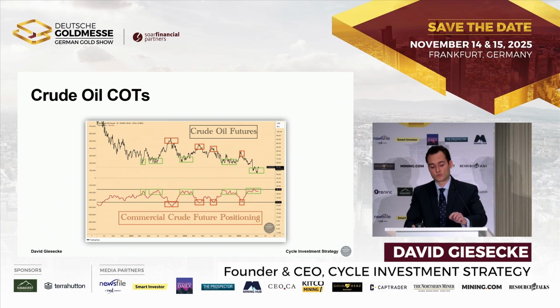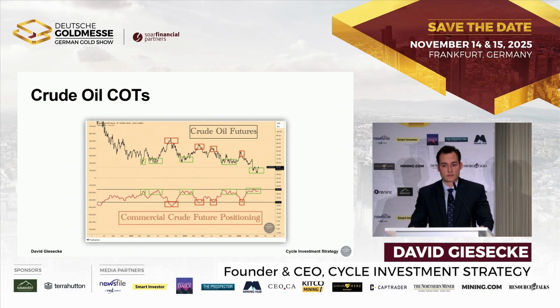And you can see in these green boxes that those times when they were highly allocated were significant or at least intermediate lows for the crude oil futures. So this can provide further evidence that we might see outperformance of the other commodities, in this case oil.